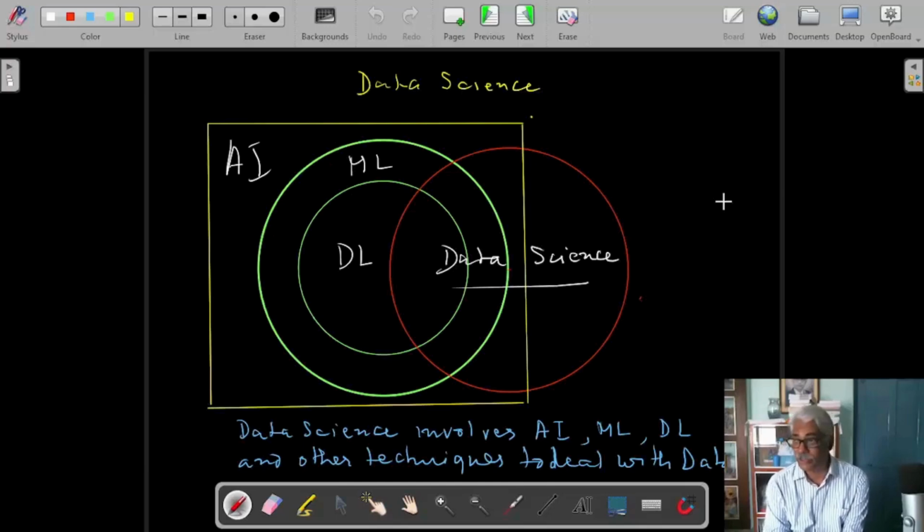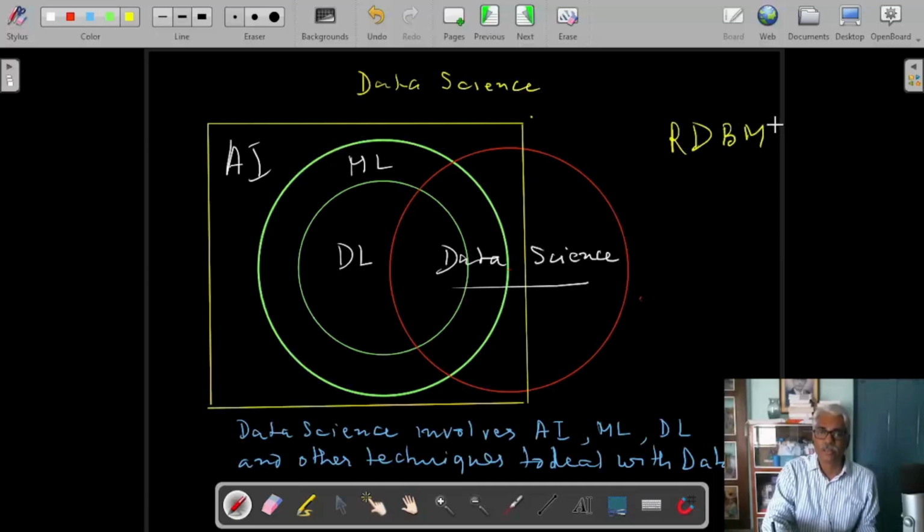You have to store your data in big data databases. Often we come across certain terms like RDBMS. That means relational database management system.